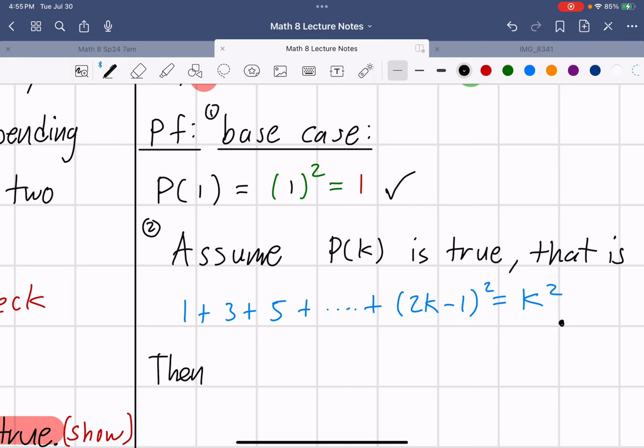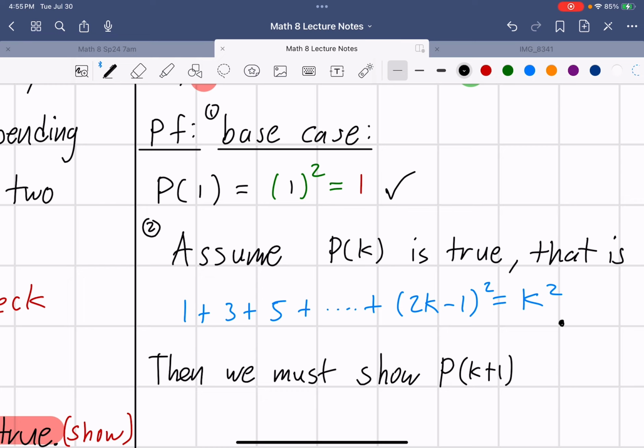Then we must show that P of K plus 1 is true. Right, that's the idea of what we're doing.